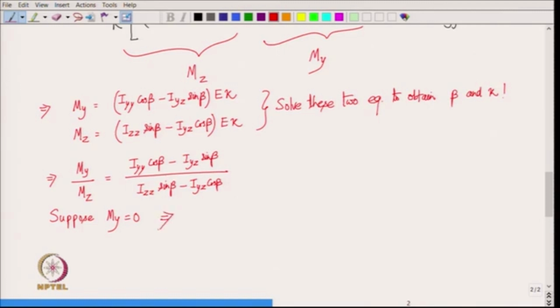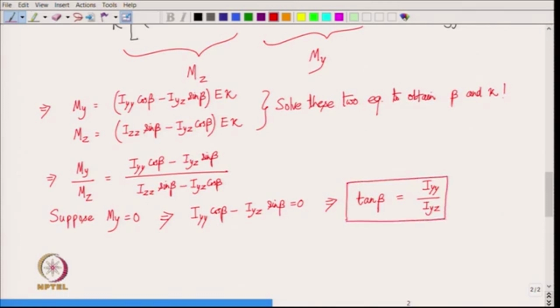This would imply I yy cosine beta minus I yz sin beta is equal to 0, which further implies that tan beta is equal to I yy over I yz. Okay. So, with this formula you can get the inclination of the neutral axis from the y axis.